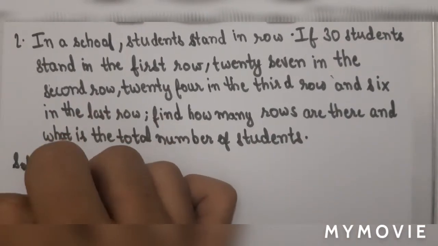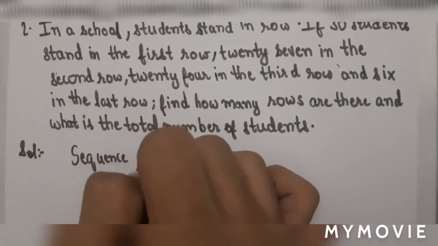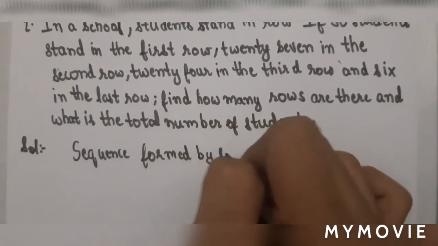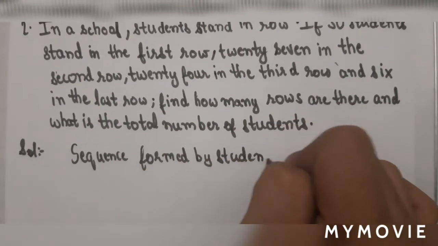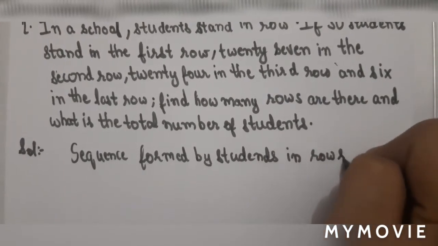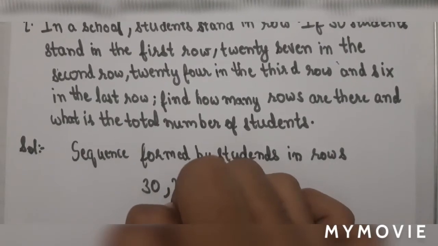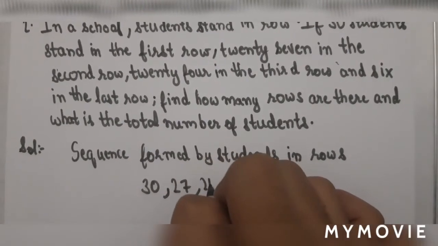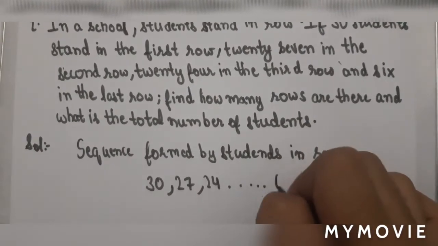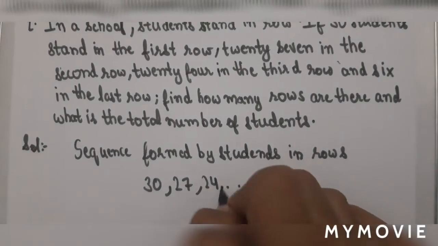So the sequence formed by students in rows is 30 in first row, 27 in second row, 24 in third row and 6 in the last row. So this is the sequence formed by the students.